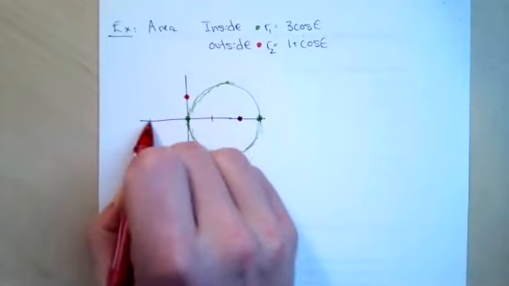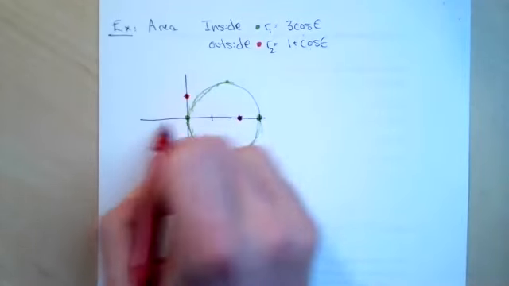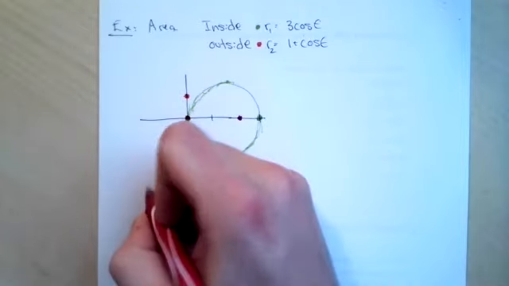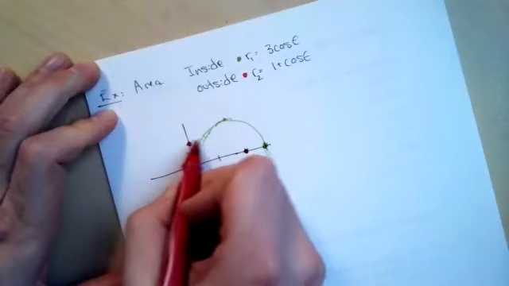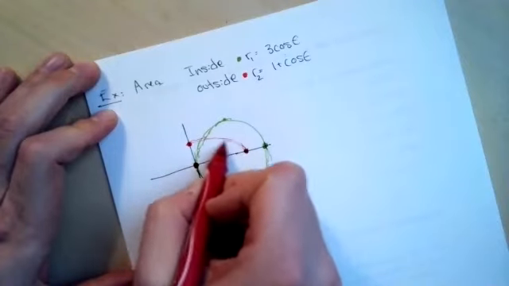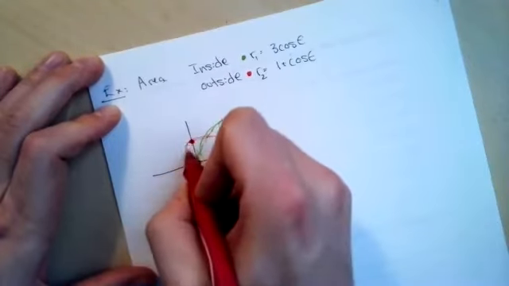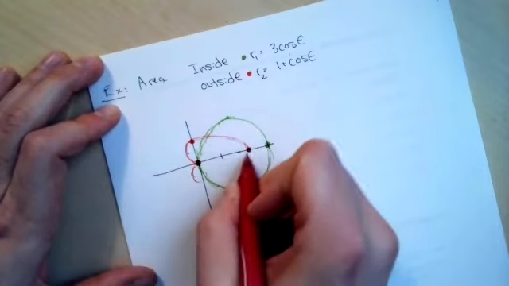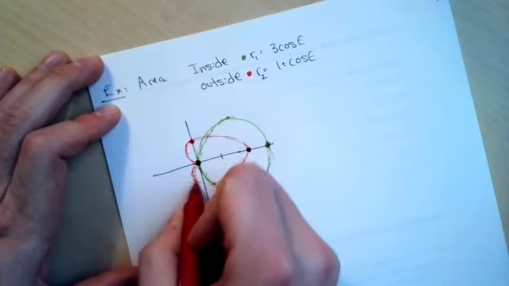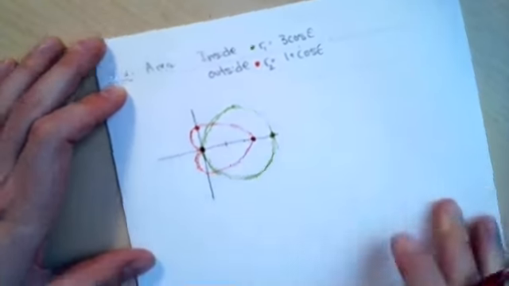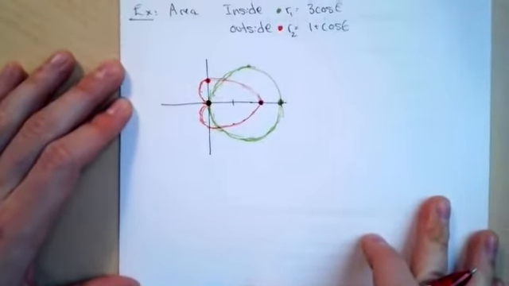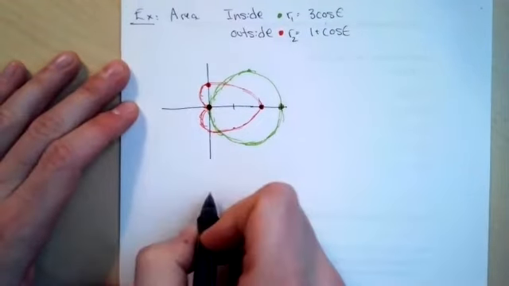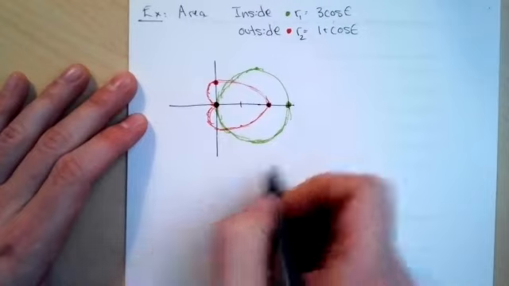So when we're pointing to the left, we'll actually be at 0. So we'll be at -1 plus that 1. So it's going to look like our cardioid, but the cusp is going to be over here on the left. Something like that.